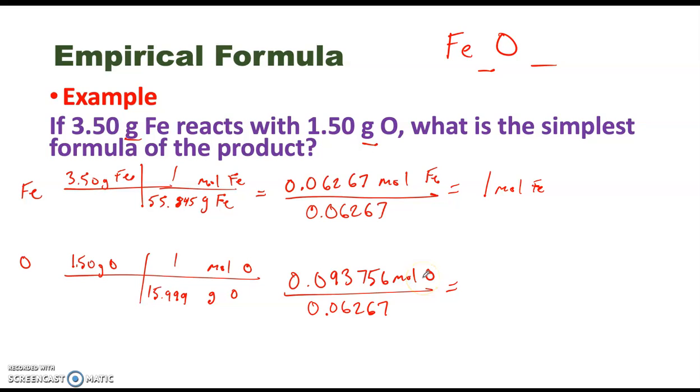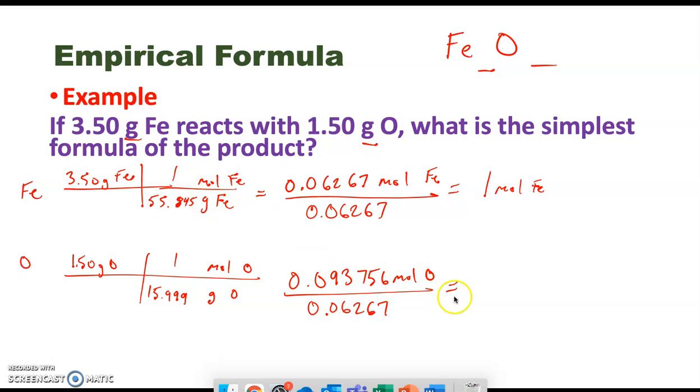And then this one, when we divide, let's do that here, 0.09376 divided by 0.06267.